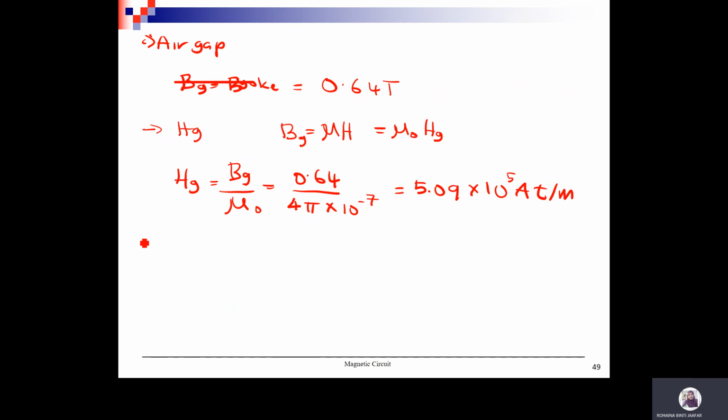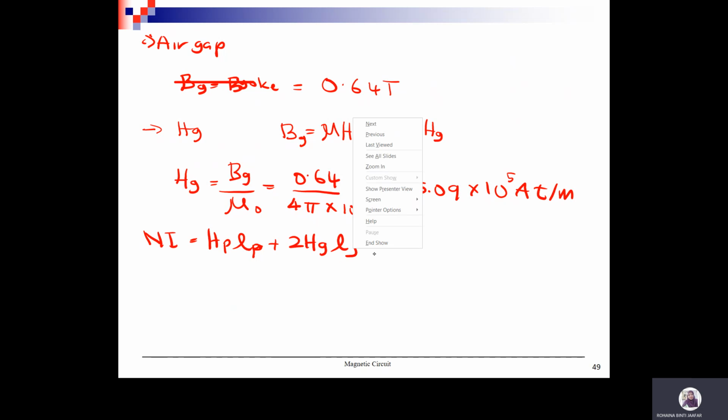So next step, from the Ampere law formula, Ni equals HpLp plus 2HgLg plus HyokeLyoke.